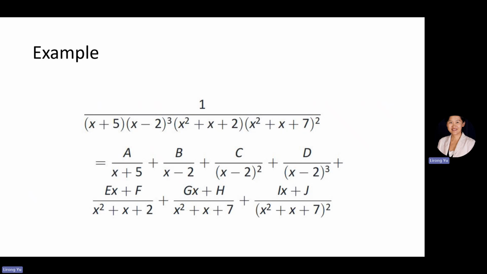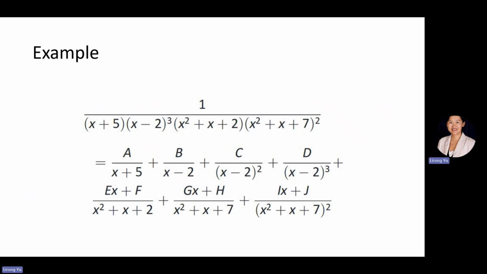So if we get this big fraction that we wish to decompose, you can see there are many factors in the denominator. It has x plus 5, which is a linear term with degree 1. When you decompose this big fraction, one of those fractions is a number over x plus 5.